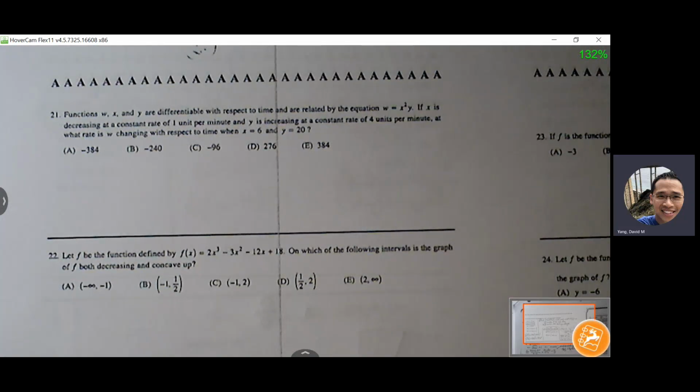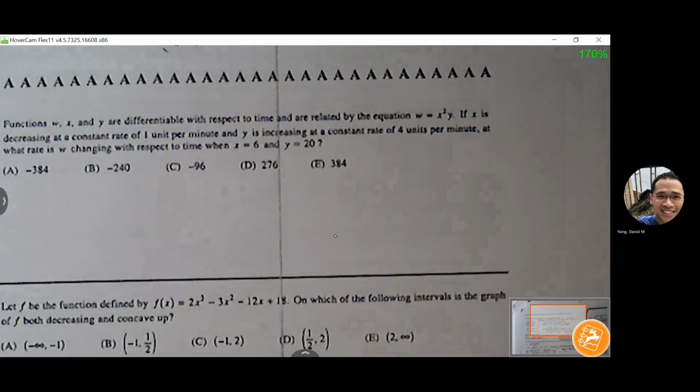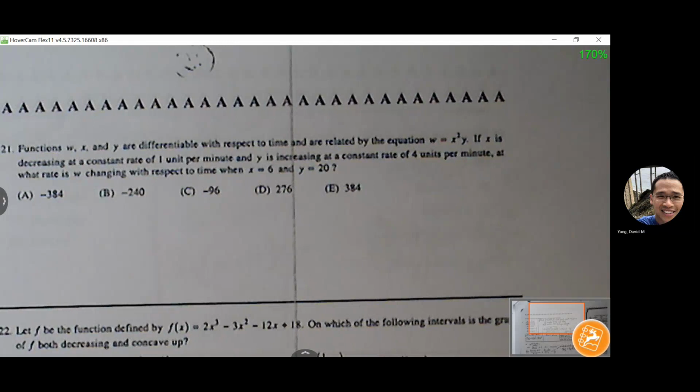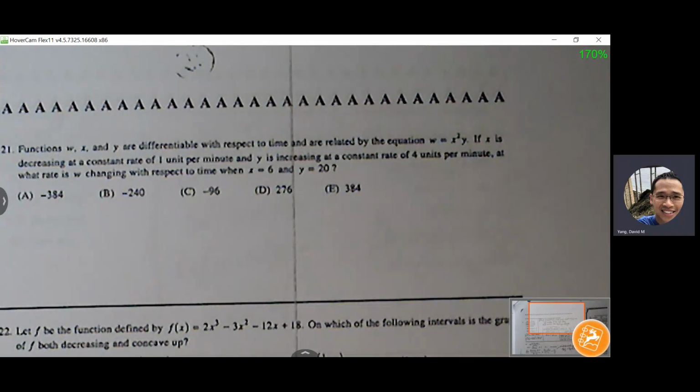Okay, 21. Functions w, x, and y are differentiable with respect to time and are related by the equation w equals x squared y. We see time involved here, right? 1 unit per minute, 4 units per minute. We have to recognize this as a related rates problem, okay? Which means that you have to make sure that you include all your d over dt.